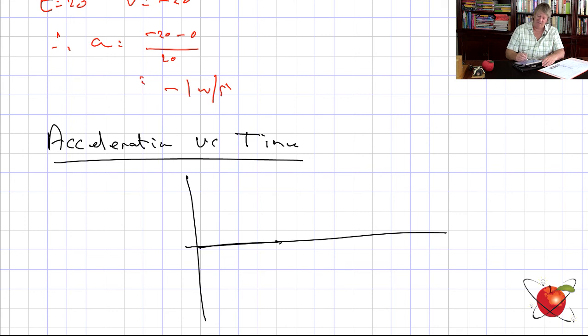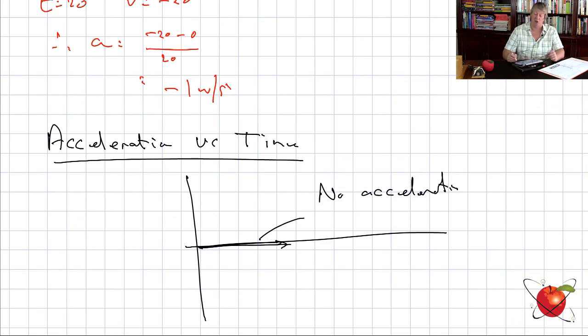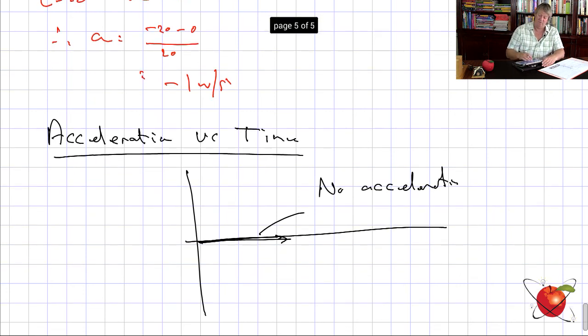Well, if it's on the line, I have zero acceleration. I'm not accelerating at all. So, I'm at constant velocity. Zero acceleration.